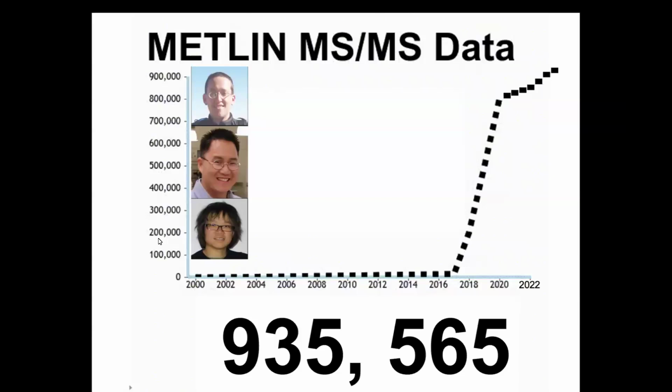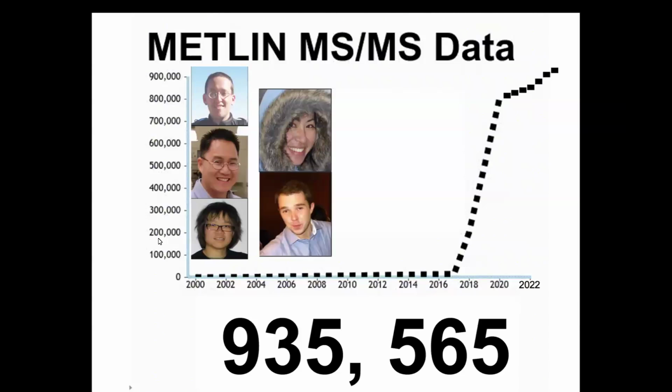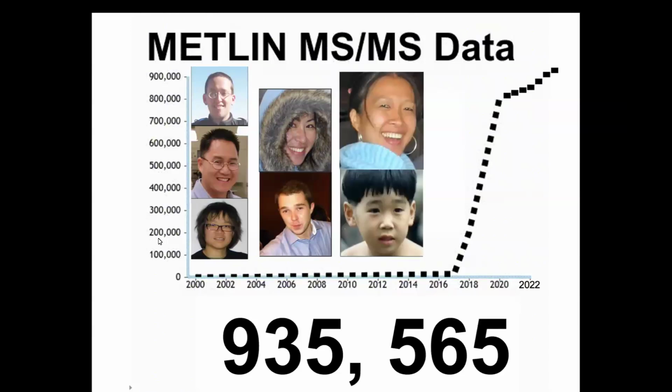Then in 2006, Diana Wong and Paul Benton joined the lab, and this time they didn't have to add entries manually anymore. They left for grad school later in 2008, and that's when Kevin Shaw and I joined the lab and took over. And Kevin improved Metlin even more.